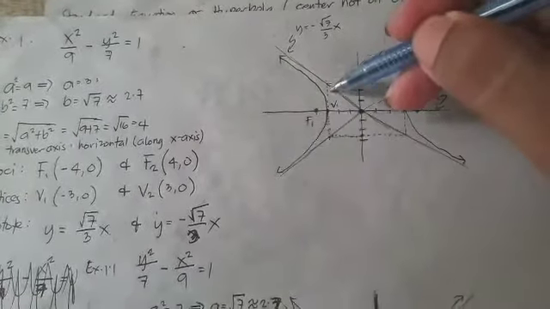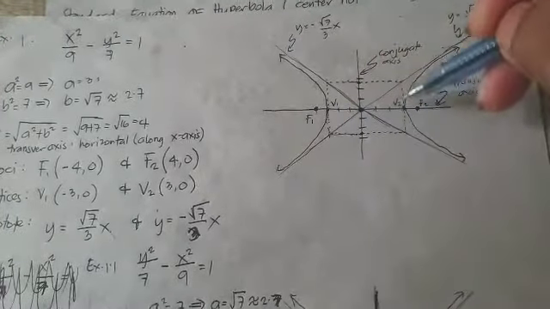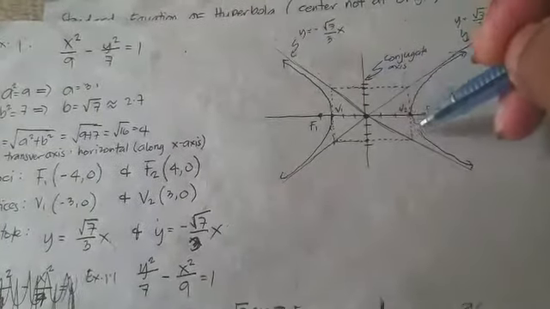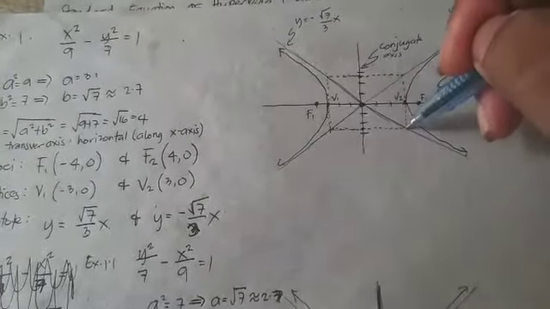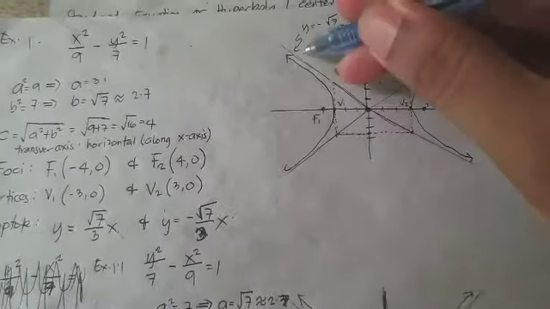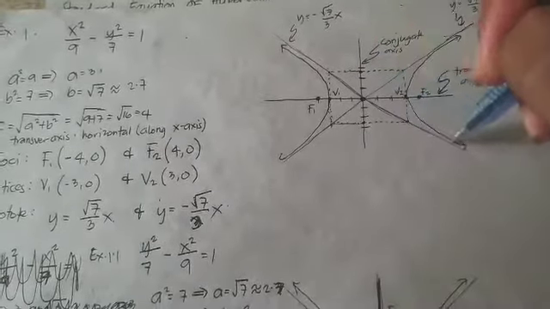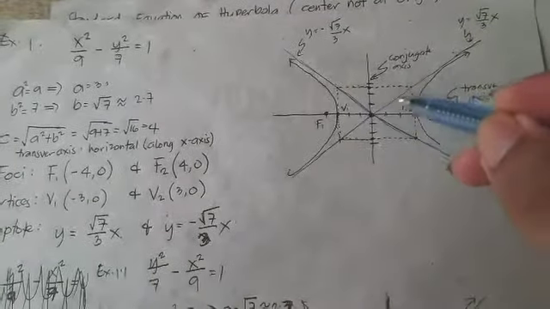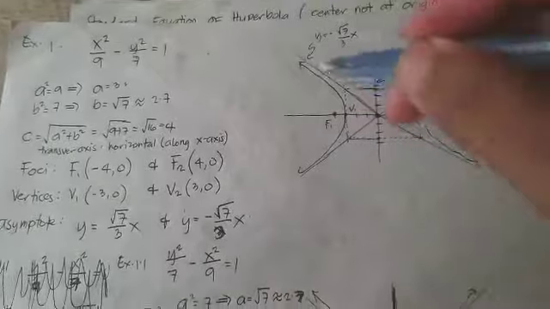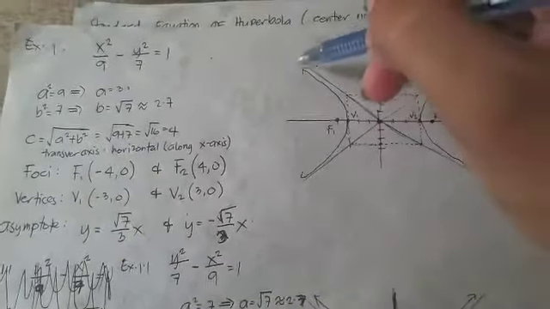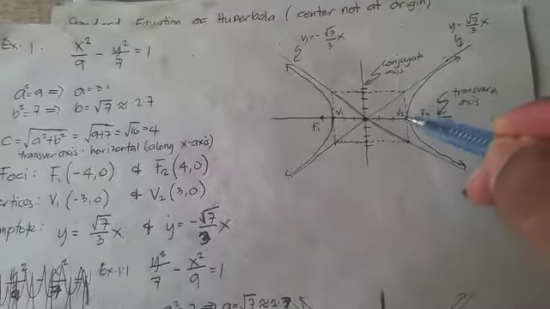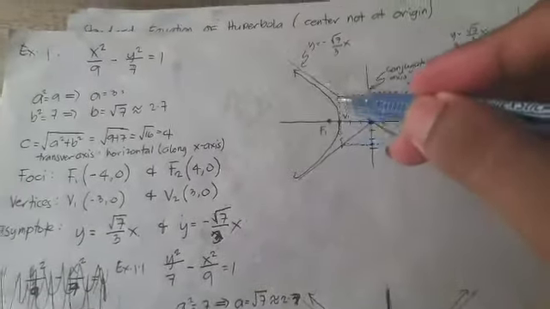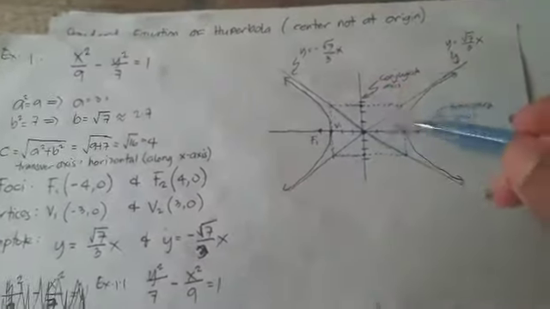So if we connect them, we form a rectangle. Now, we connect this point to this point, and the same for the other. So we can create the asymptotes. Once we have created the asymptotes, we know that this point is our vertex, so we curve it.